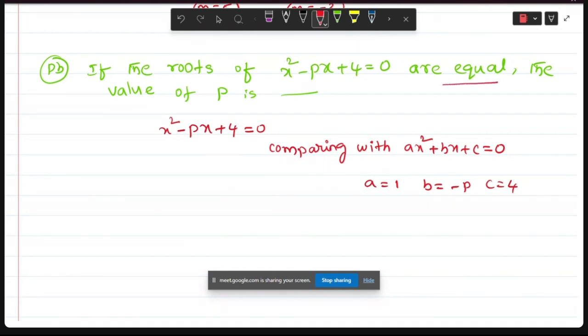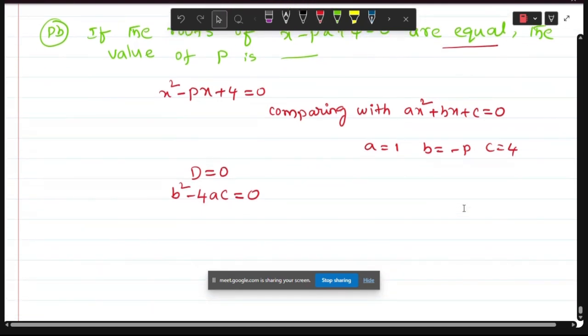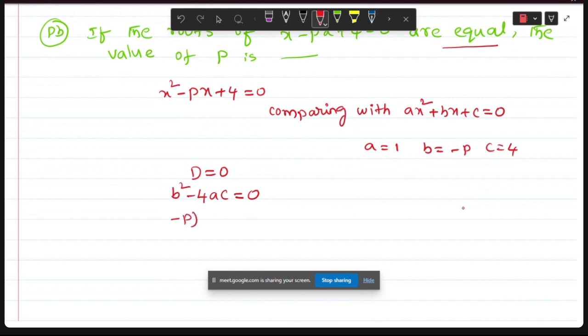So the roots are equal, which means D is equal to 0. D value: b square minus 4ac is equal to 0. The b value is minus p, so (minus p) whole square minus 4 into a value 1, c value 4, is equal to 0.